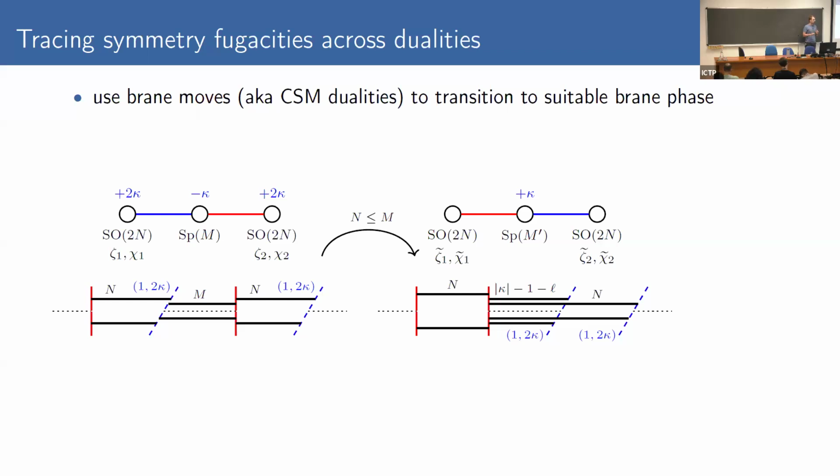If you do SP, it took us a while to figure out that there's also something going on. And that something going on depends on whether you have 1 or 2 SO nodes connected to it. And then you have a different type of duality map for an SP brane move. Right? And then you can basically sequentially combine all of these moves. You have your original brane system, you go to a brane system where you read off your magnetic quiver, and then you just need to trace back all of the fugacities.